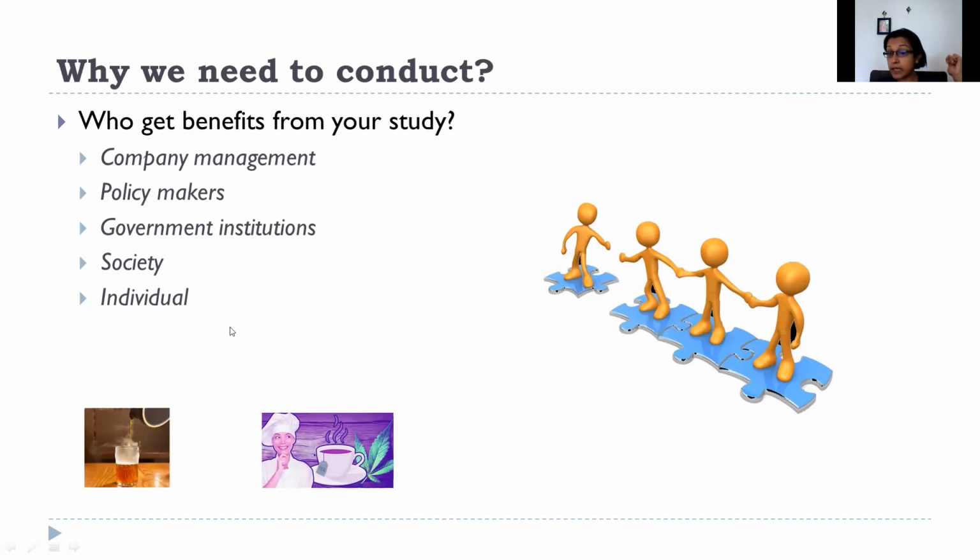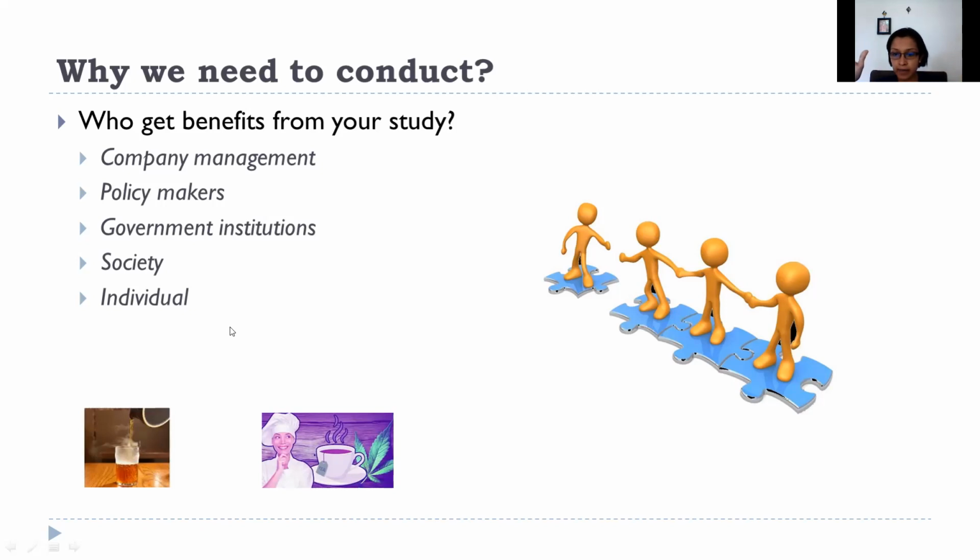I told you at the beginning of this session, if we identify a problem, always consider who will be impacted by this problem and who will get the benefit if we solve this problem, right? What are the consequences generated through this problem, right? We need to see everything.